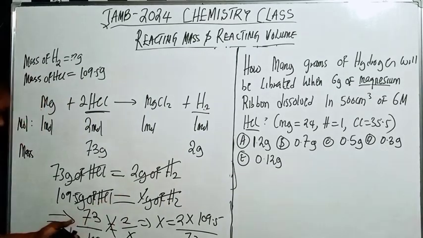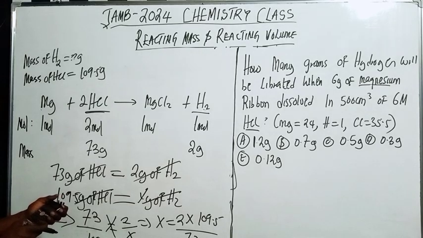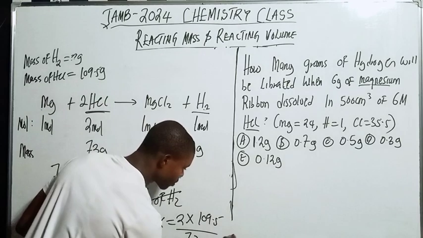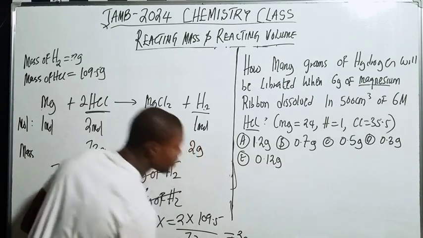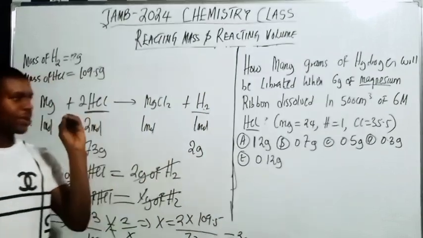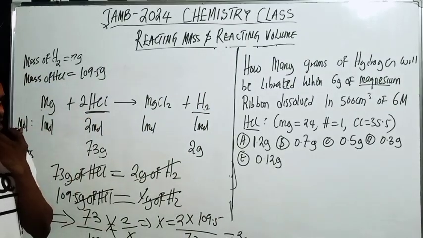So let's do it again. We have 2 times 109.5 divided by 73. Here we have 3 gram. I believe there's something missing at this point.